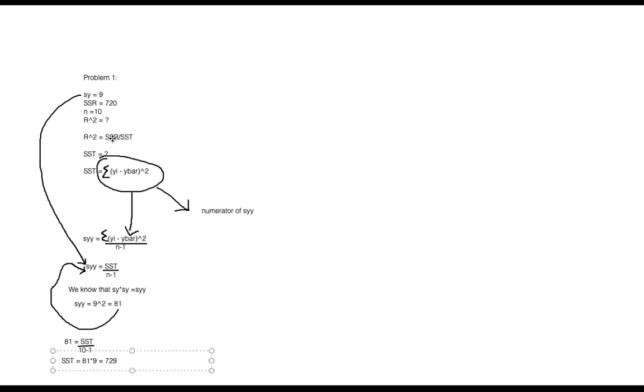So now we can use this formula. R squared is SSR, which is given to us, divided by SST, which we just solved for. So let's just plug it in. 720 divided by 729.